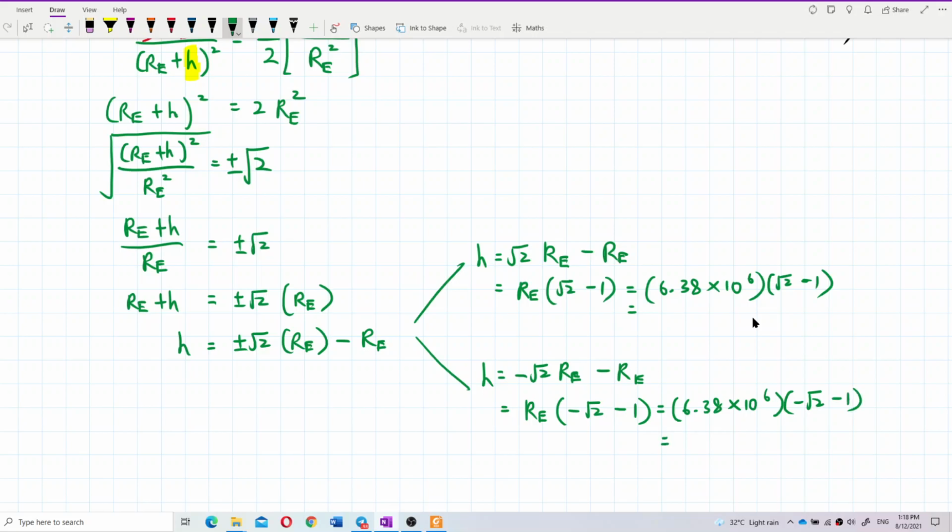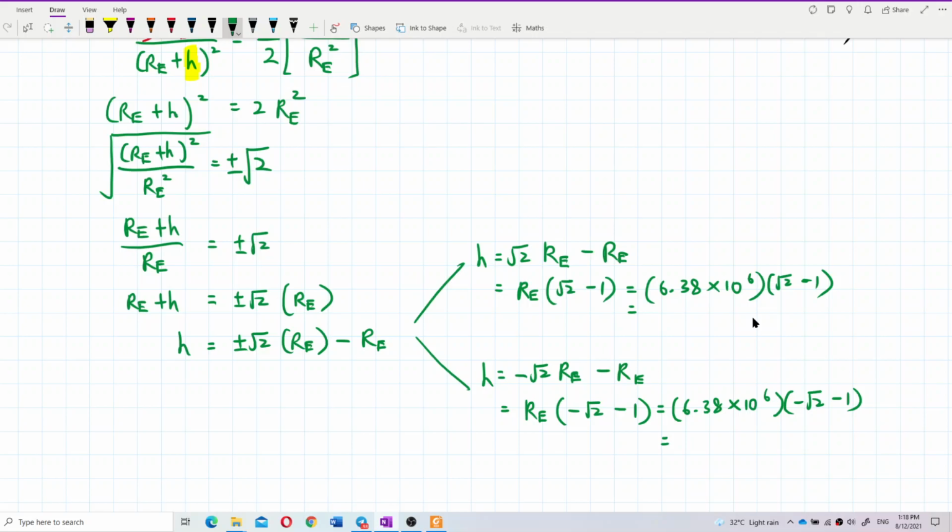So what's the value? Let's calculate root 2 minus 1, and then multiply by 6.38 exponent 6.